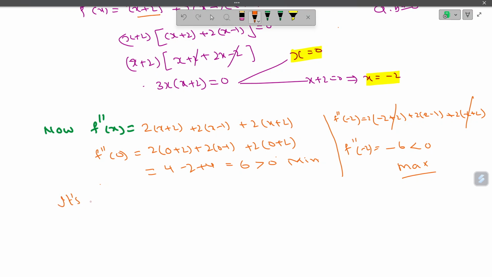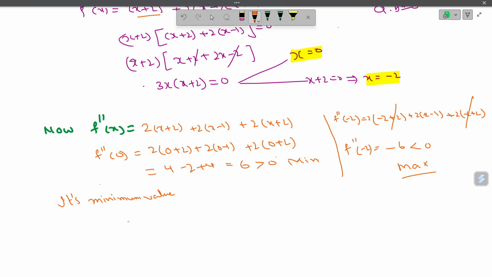Minimum value. What is its minimum value?